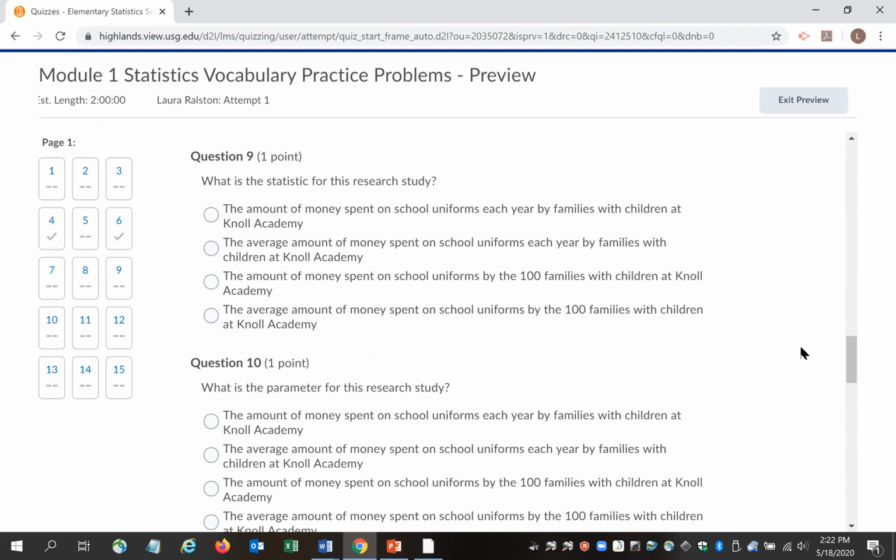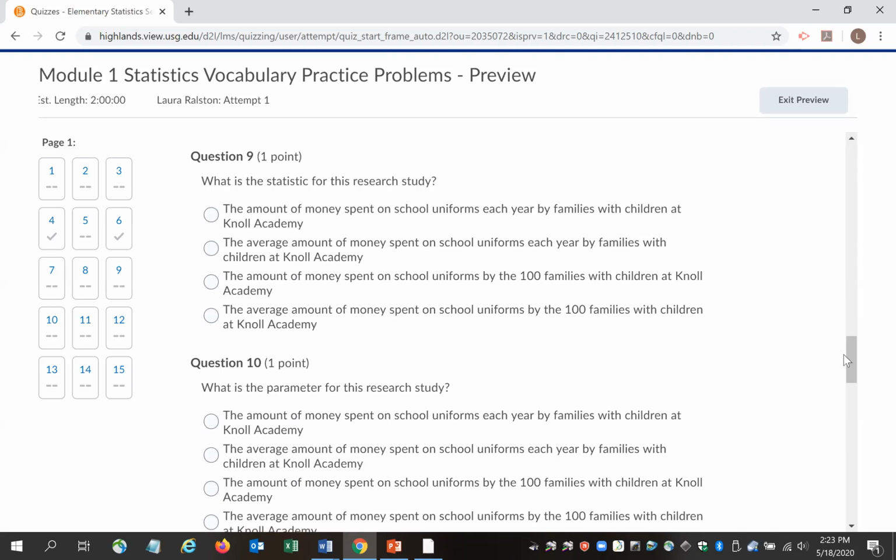It could be a ratio, if we wanted to have a ratio of the number of females to the number of males, or the number of left-handed people to the number of right-handed people. So it doesn't always have to be an average. That's probably the most common. But you need that word average in there because that tells me what measurement I'm going to use. And it does need to be for the 100 families because it's for the sample.